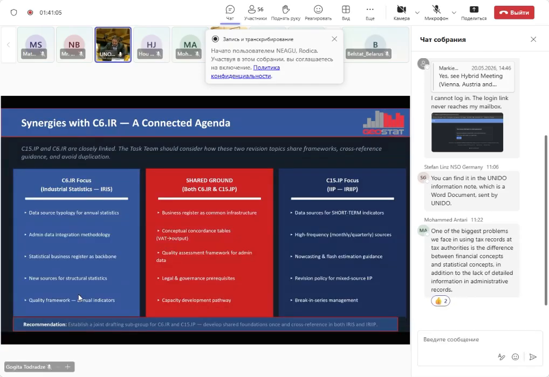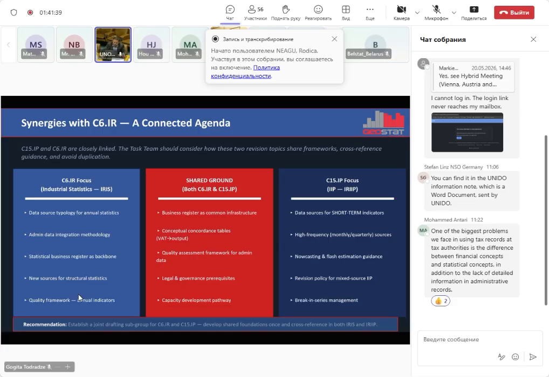The IIP and the IR share substantial common ground: business registers, conceptual concordance tables, quality assessment for administrative data sources, legal prerequisites, and capacity development. It would be both inefficient and potentially inconsistent to develop these independently in separate standards.